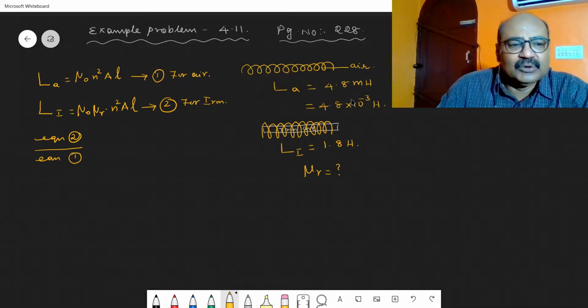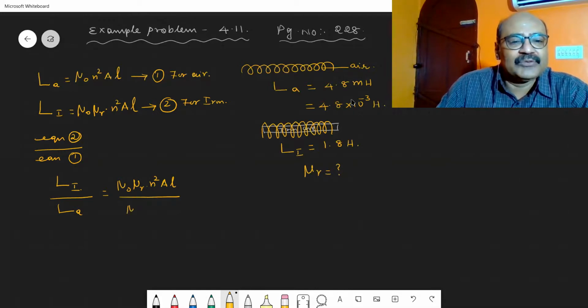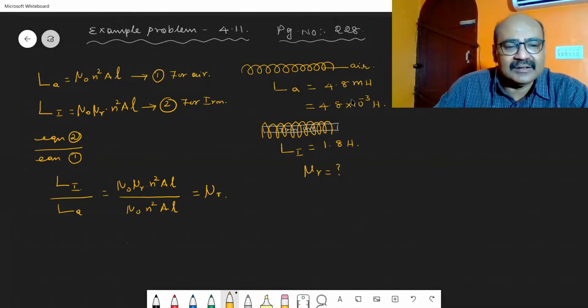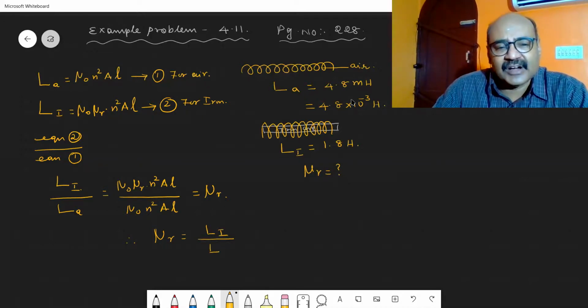Equation 2 is the coefficient of self-induction of the iron divided by the coefficient of self-induction of air medium, which is equal to mu 0 into mu R into n square into A into L divided by mu 0 into n square into A into L. So on cancelling, we get the answer as mu R. Therefore, relative permeability mu R is equal to the ratio of the coefficient of self-induction of the iron core to that of the air core.